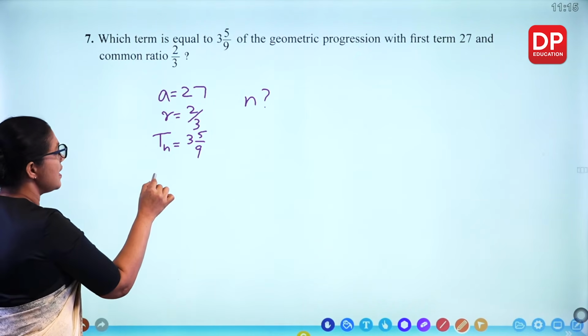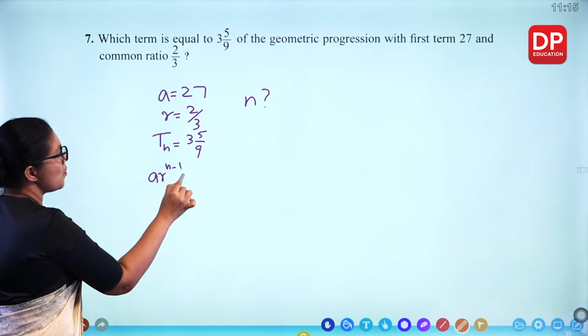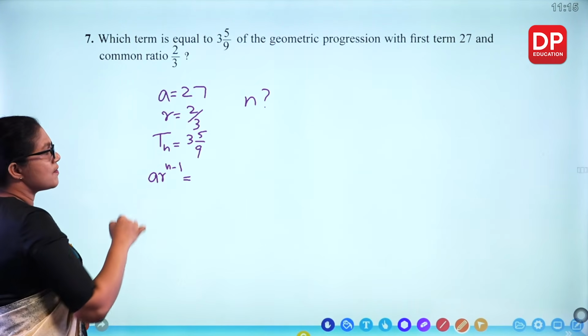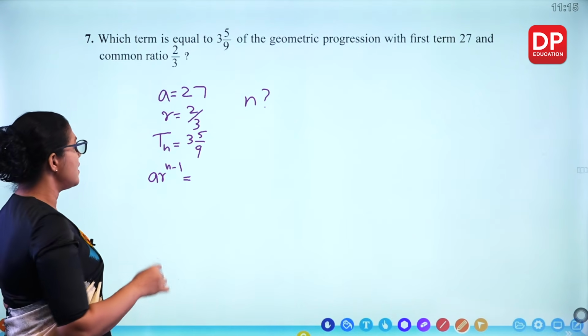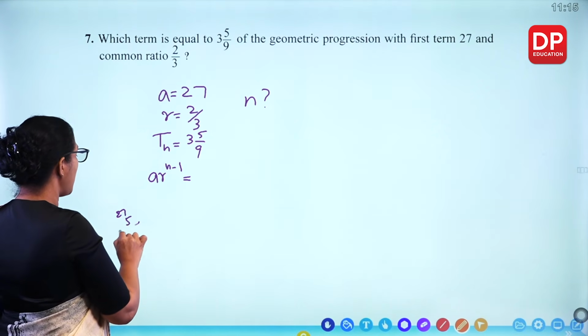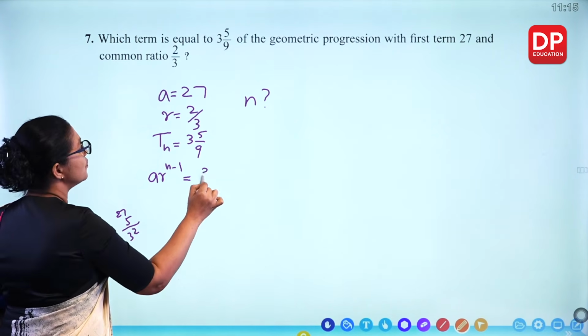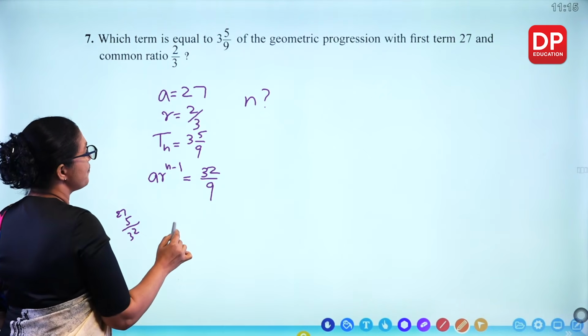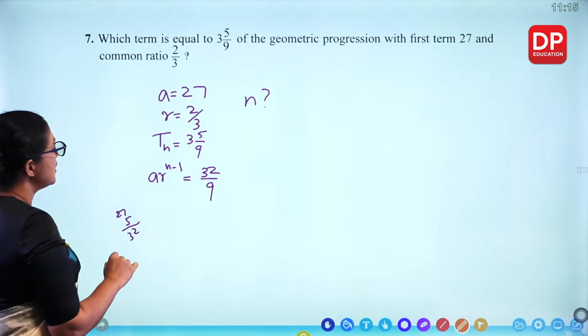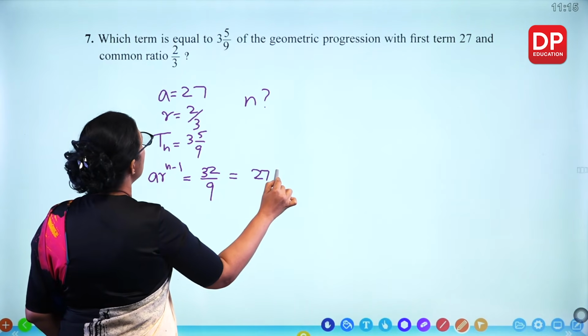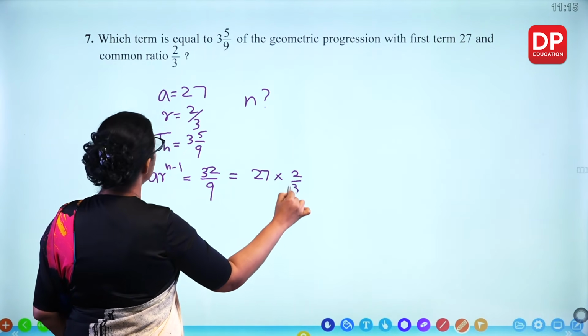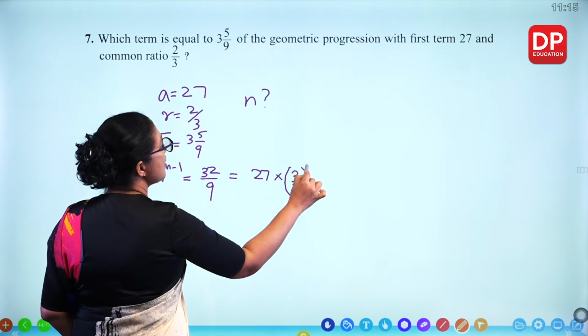What is Tn? ar to the power n minus 1. But we'll write this one as improper fraction. 9 times 3, 27. 27 plus 5, 32. So 32 over 9. Now substitute the values. That's equal to a is 27. r is 2/3 to the power n minus 1.